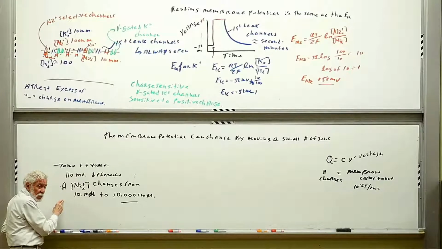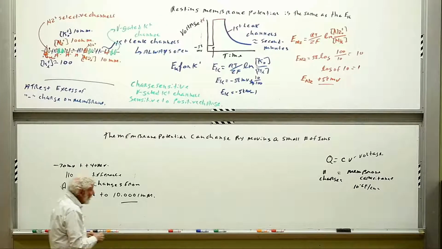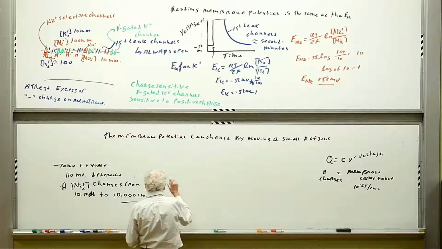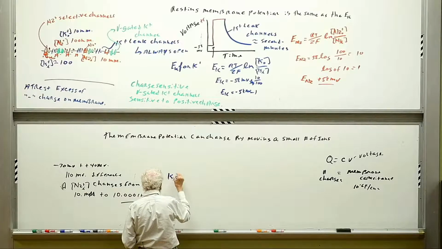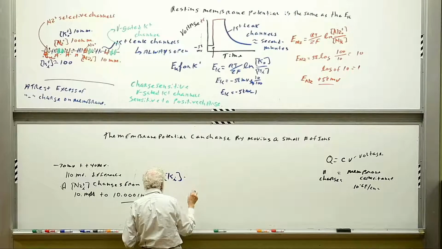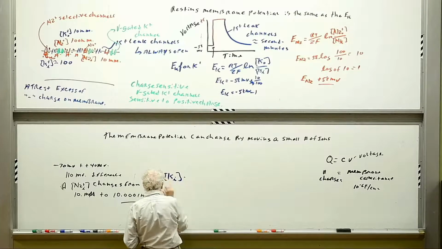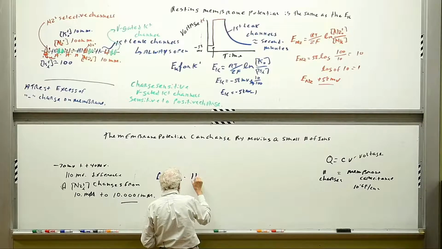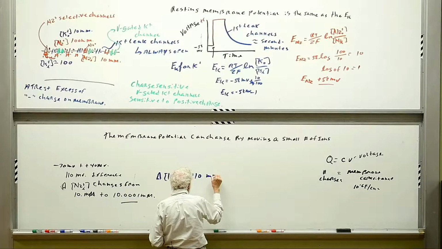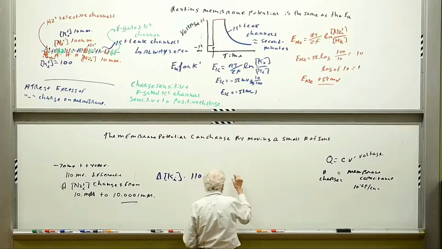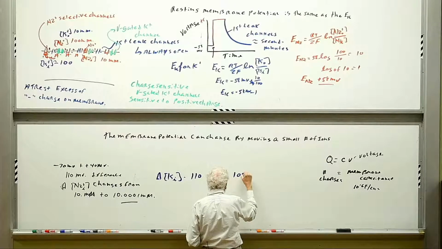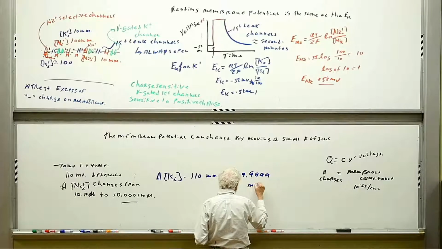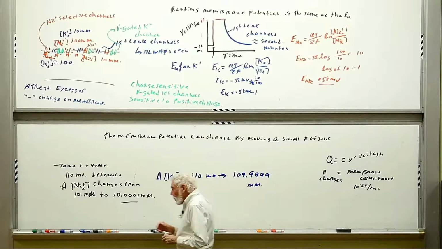That's an important idea. Similarly, we can say that the potassium concentration on the inside, the change in the potassium concentration during an action potential goes from about 110 millimolar to something like 109.9999 millimolar.